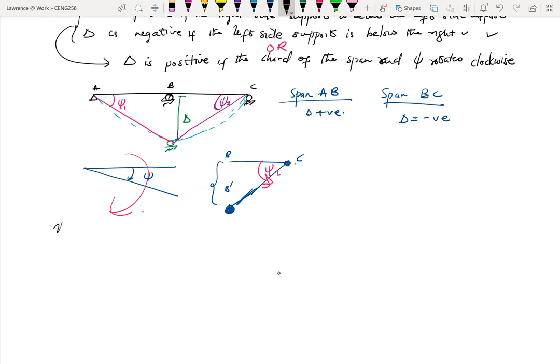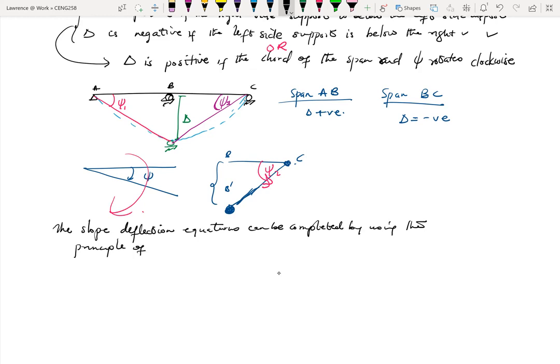So the slope deflection equations can be completed by using the principle of superposition.